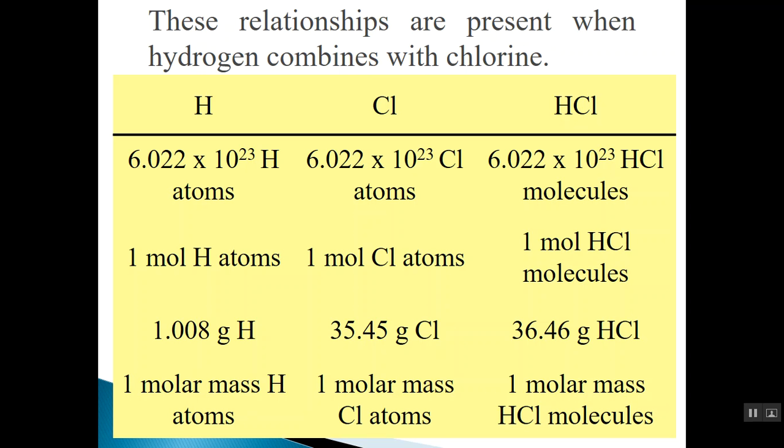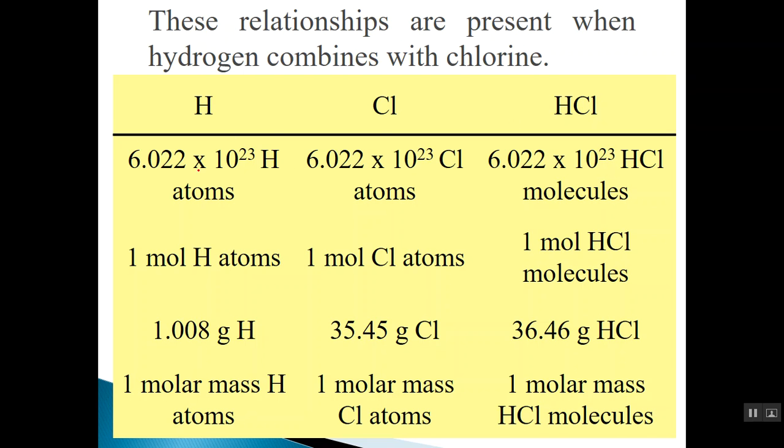And we can see the relationships that occur when you have a reaction between elements to form a compound. So here we have hydrogen combining with chlorine to form hydrogen chloride. And basically one can see that for every 1 atom of hydrogen, 1 atom of chlorine is required to produce 1 atom of hydrogen chloride.